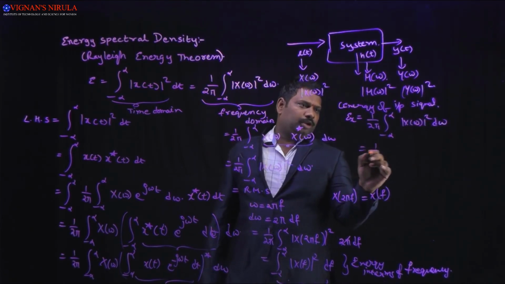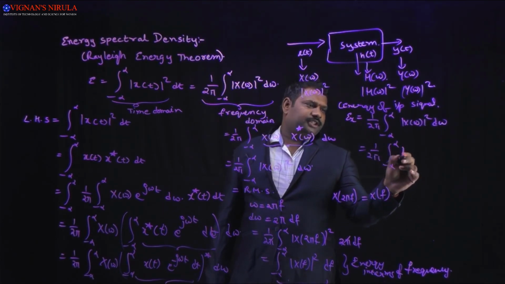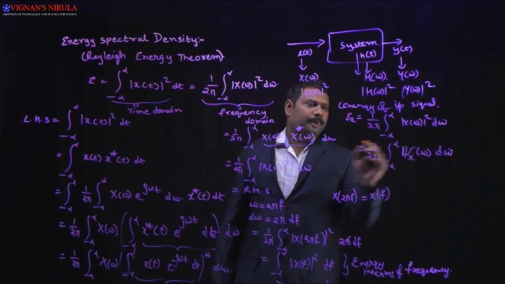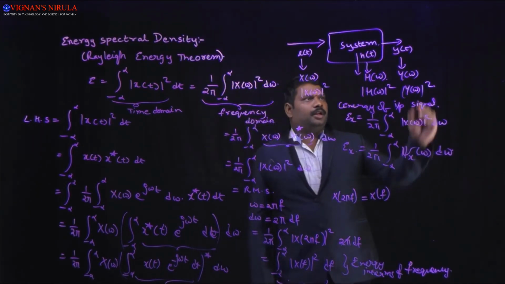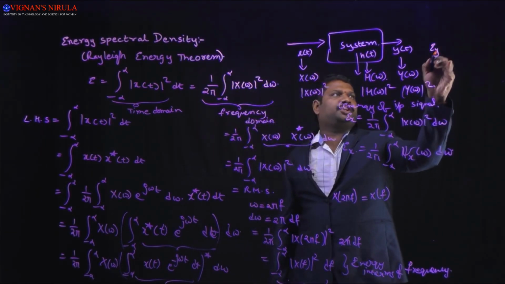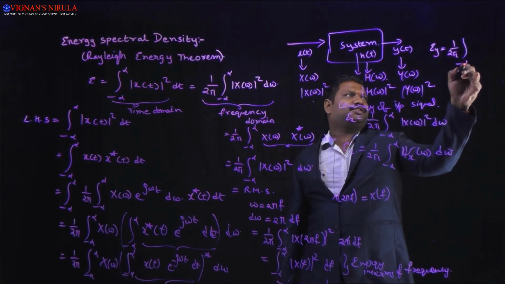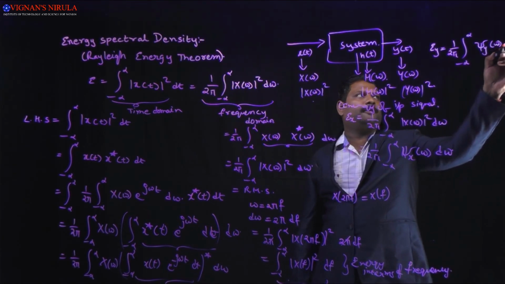What is this mod of X of omega whole square? It's nothing but psi x of omega d omega. This is the energy expression. Similarly, the energy expression for the output, Ey, is equal to 1 by 2 pi from minus infinity to infinity of psi y of omega d omega.